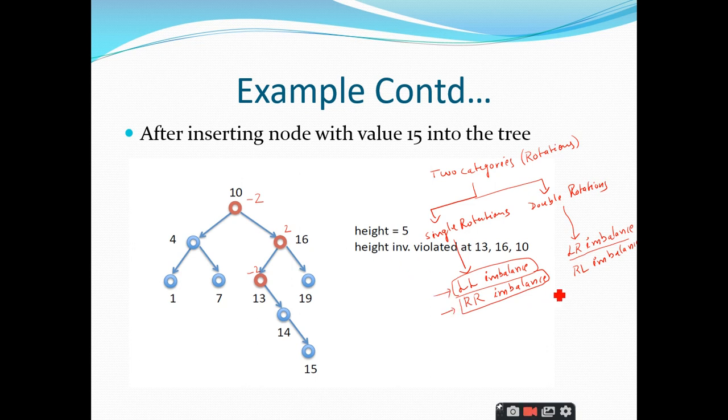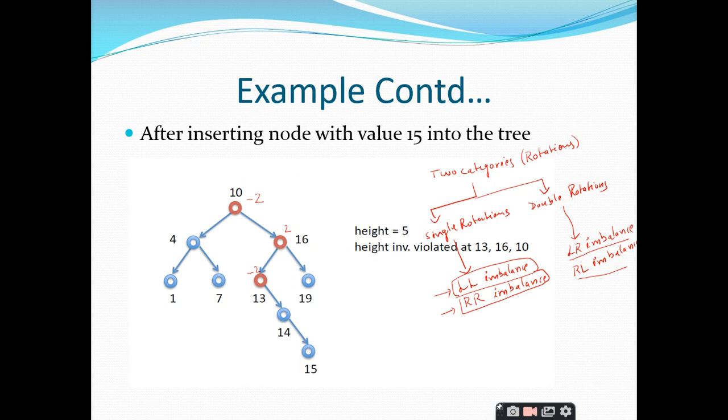And similarly RL imbalance means right of left imbalance. Everything will be clear in the next session, but at the present point of time you remember that whenever we have nodes whose balance factor does not fall into the category of -1, 0 and +1, the rebalancing operation should be done.